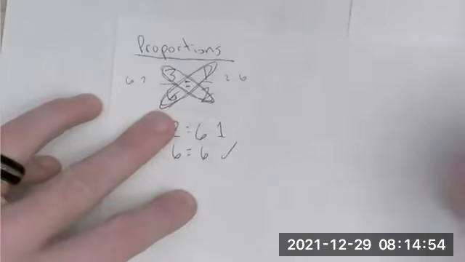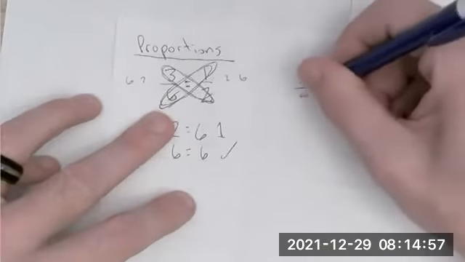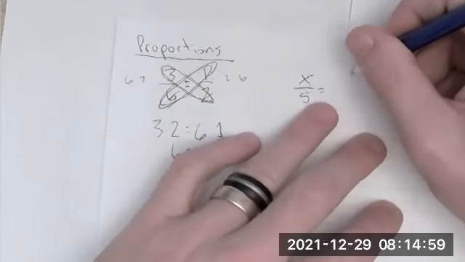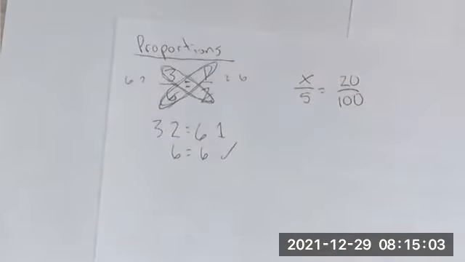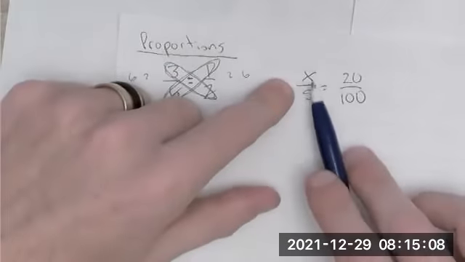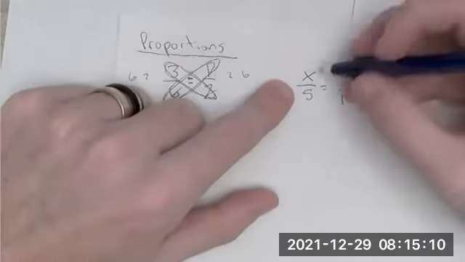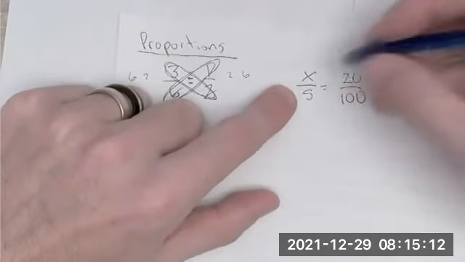But what this is going to solve for is if I had something like x over 5 equals 20 over 100. In this course, we're going to be trying to find out, well, what is that x value? What number divided by 5 is the same number as 20 divided by 100?